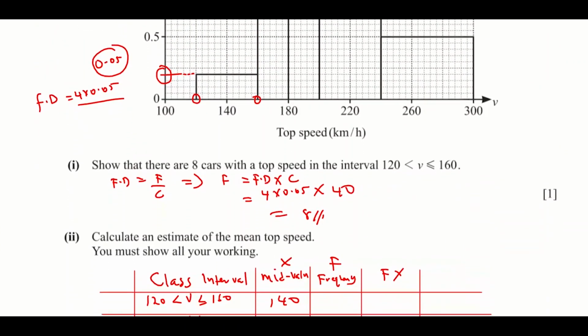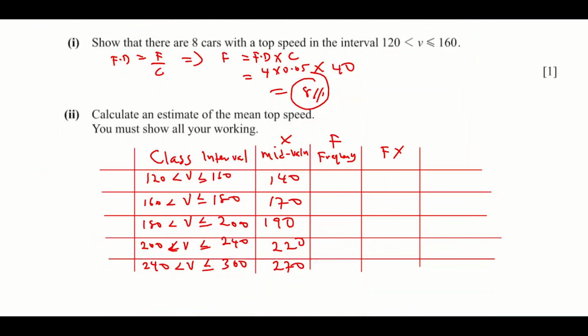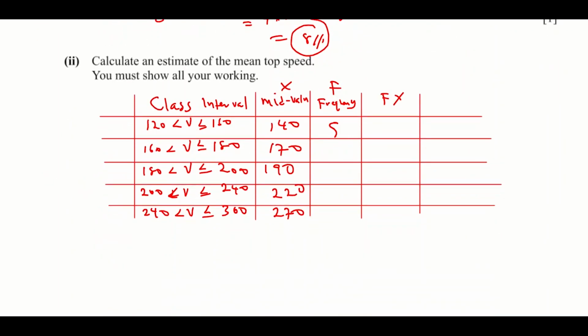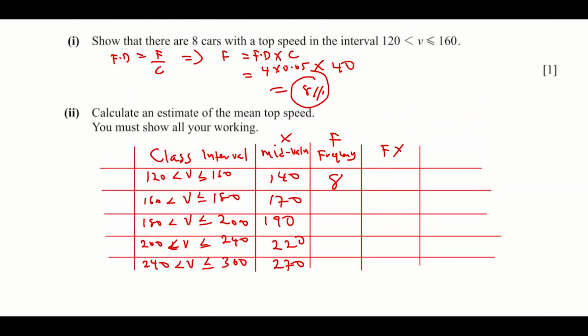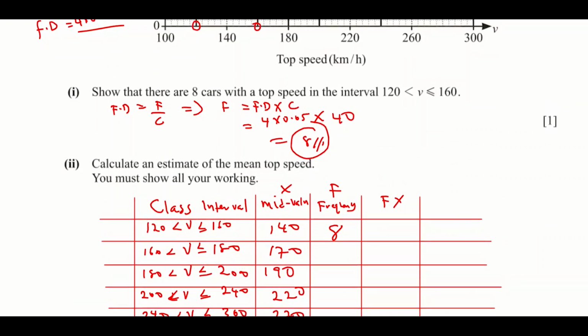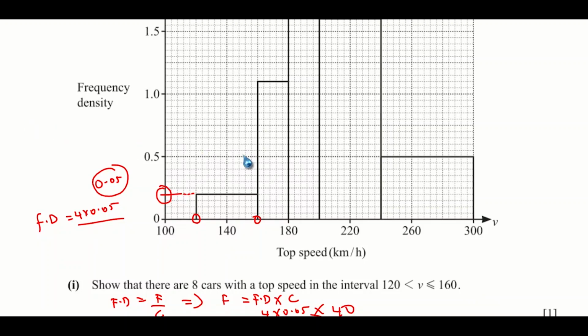Okay, so the first one, the frequency of the first one is this, which is 8. Okay, so I'll just calculate one more, then I'll fill up the column. Okay, so we want to get the frequency density. I want to get the frequency of the next one, that is for this interval where 160 is less than v, and v is less than or equals to 180.